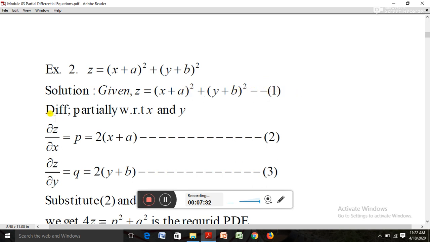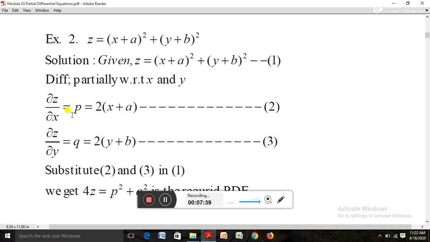Here also, differentiate partially with respect to x and y. First, dou z upon dou x, which we denote as p, is equal to the derivative of x plus a the whole square.